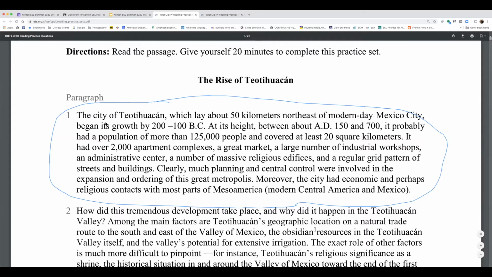It had over 2,000 apartment complexes, a great market, a large number of industrial workshops, an administrative center, a number of massive religious edifices, and a regular grid pattern of streets and buildings. Clearly, much planning and central control were involved in the expansion and ordering of this great metropolis. Moreover, the city had economic and perhaps religious contacts with most parts of Mesoamerica, modern Central America, and Mexico.